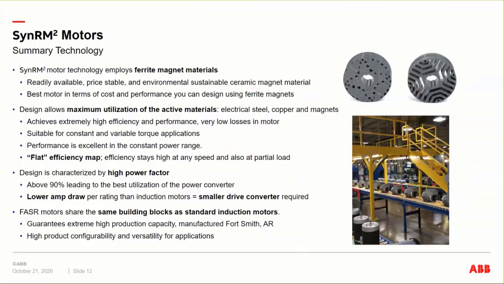High power factor and lower amp draw leads to a smaller drive converter. And it uses the standard building blocks of standard induction motors. So we can do a lot of configurability, high volume in standard production facilities, and have a stock product that's readily available and off the shelf.